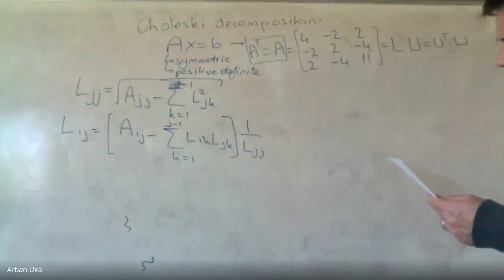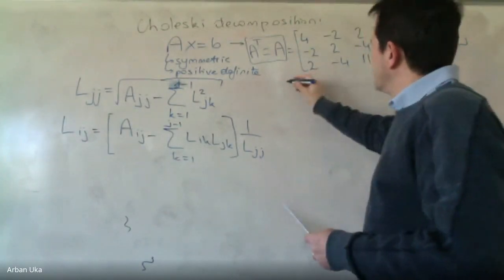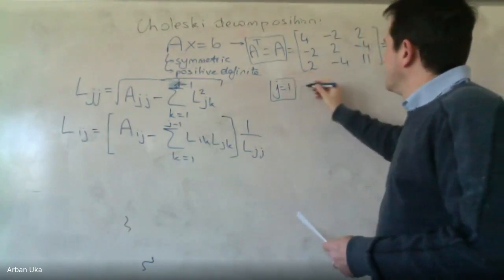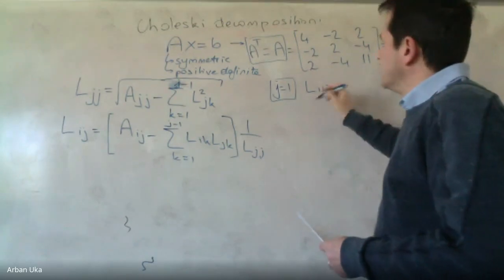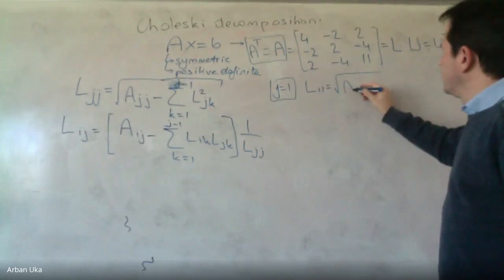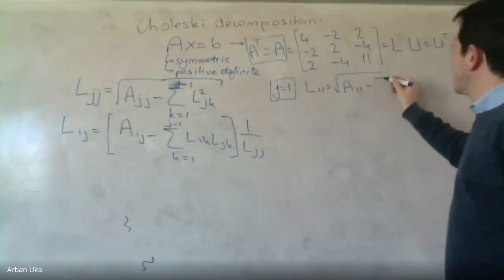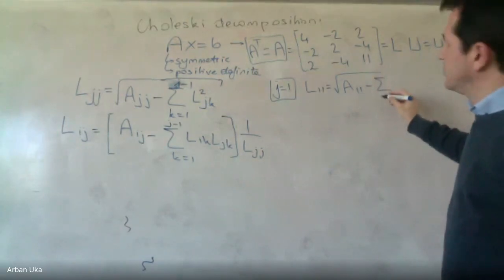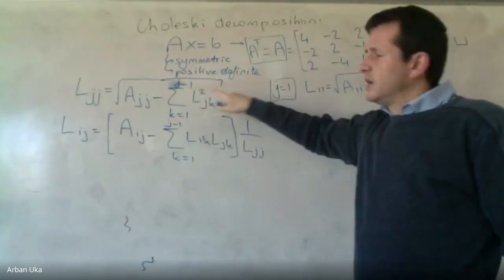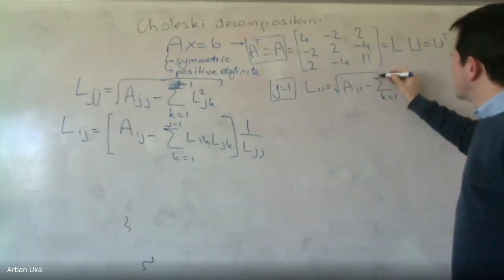The first term we can go for is L11. If we set J equal to 1, the element L11, we look at this expression. It is going to be equal to the square root of A11 minus the summation from K equals 1 up to J minus 1. But now J is 1, so 1 minus 1 goes to 0.